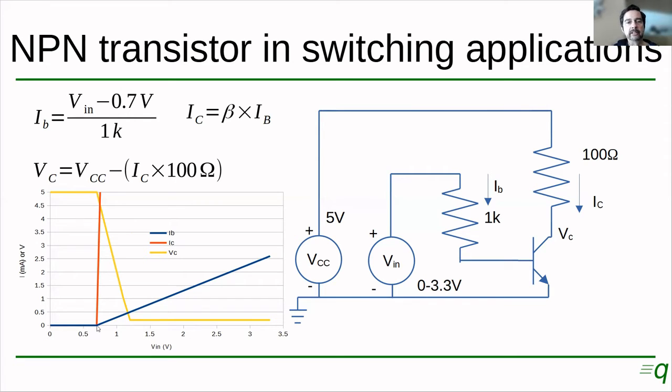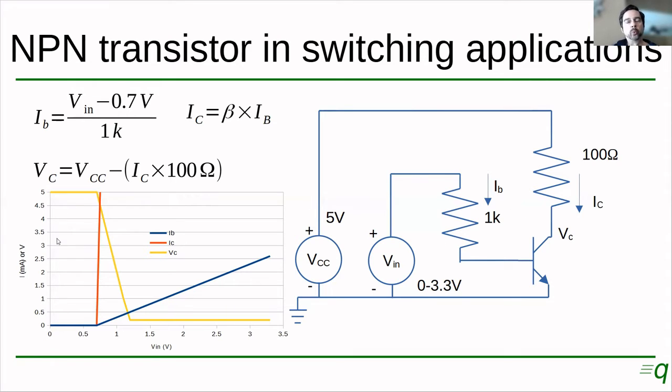Now, that increase in base current is going to be reflected on the collector with an increase in collector current. Now, as you can see, the collector current rises a lot more sharply because of the gain of the transistor, which can be in the range of 100.